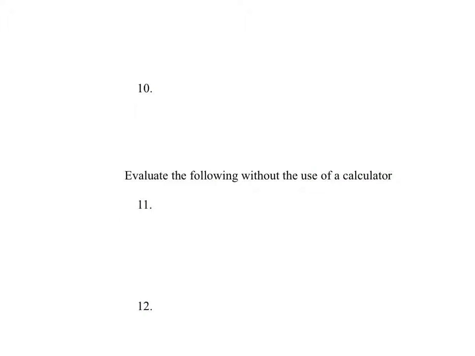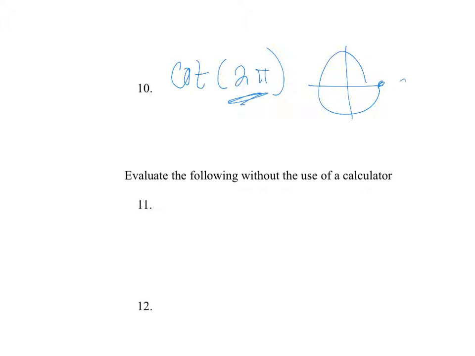So number 10 is the same thing as the last two, cotan of 2 pi. So first figure out where 2 pi is. 2 pi is right here. It's 360 degrees at 1, 0. So x, y, cosine, sine. Now it says cotan. We know that cotan is the reciprocal of tan, and tan is sine over cos.